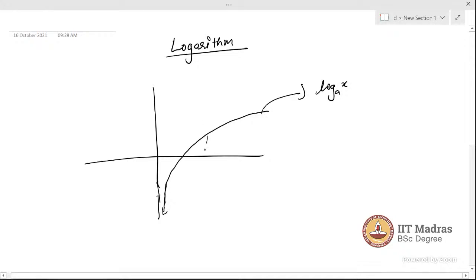It will give you some unique values, and it diverges when x tends to infinity. If this was f of x, what do you see your f of x going towards? Even this is going towards infinity.